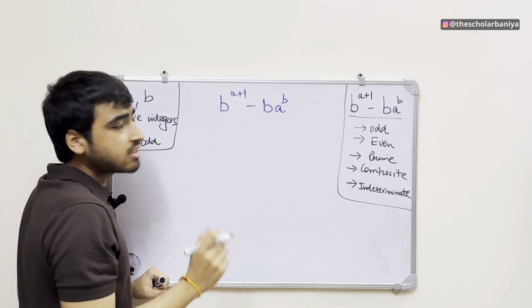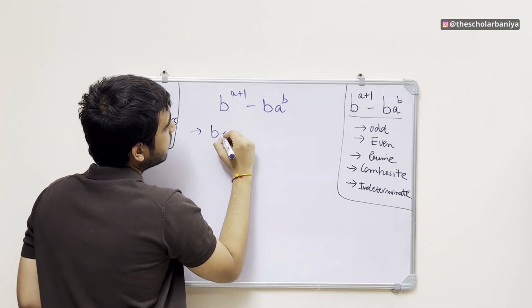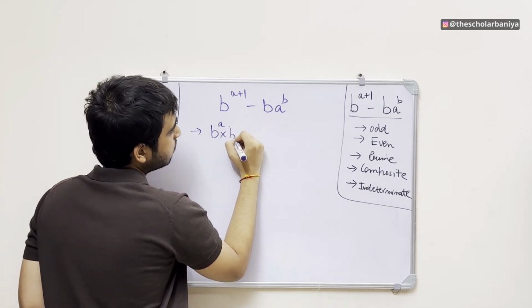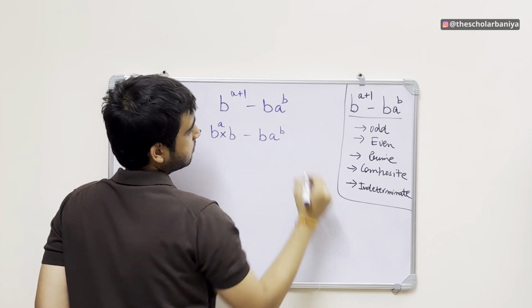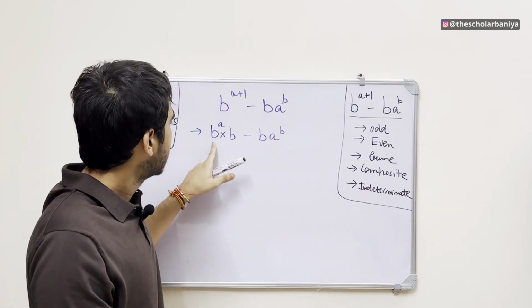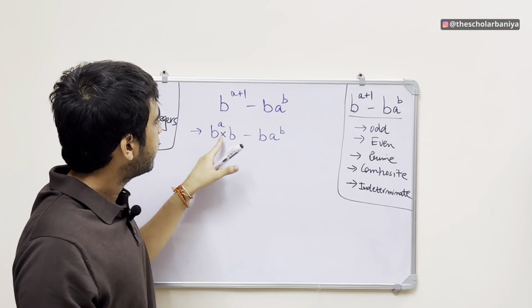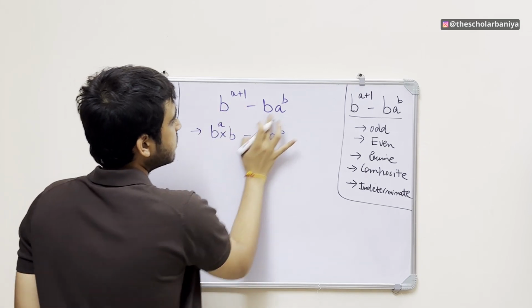So we can break this into b into b to the power a into b, right, minus b a to the power b. I hope this should be fine. We just broke this down, so this becomes b to the power a into b. So this will become b to the power a plus 1, right? And this is the same.